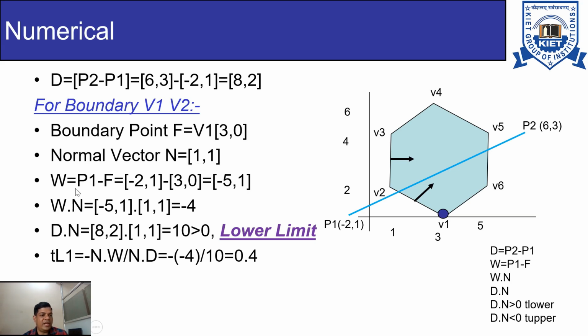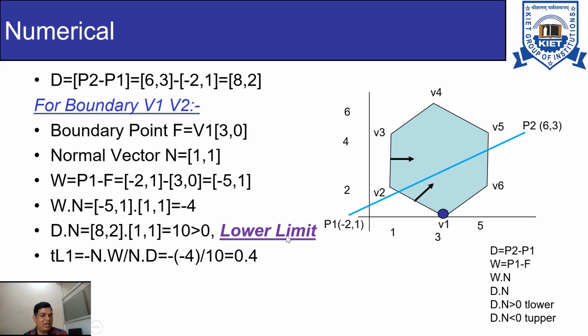Now W is defined as P1 minus F. So it is (-2, 1) - (3, 0), which gives (-5, 1), and W dot N is (-5, 1) dot (1, 1), which equals -4. Here we take the value of D dot N and it comes out to be 10, which is more than 0.